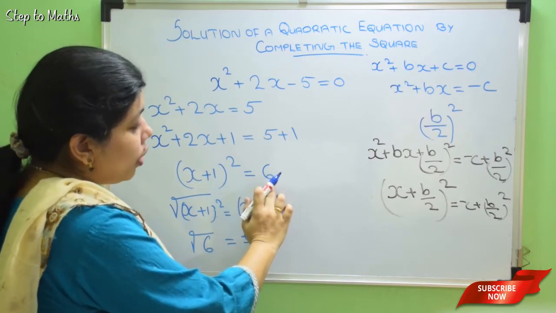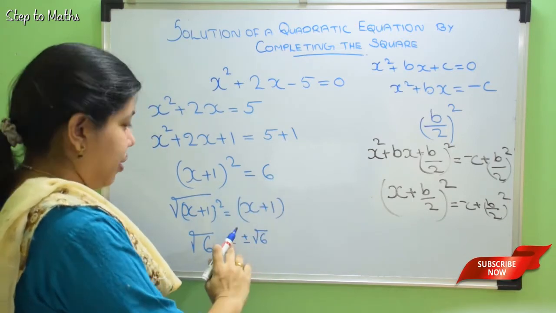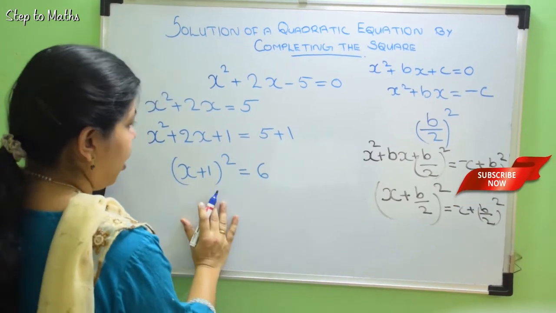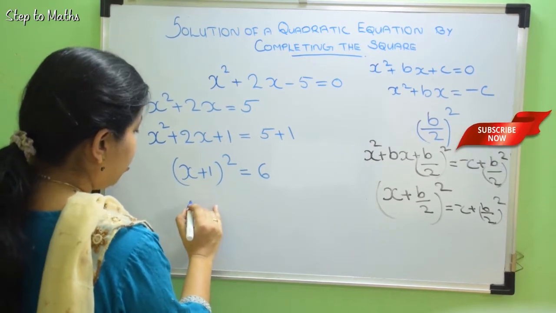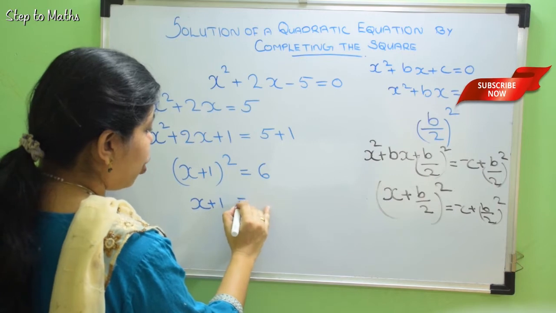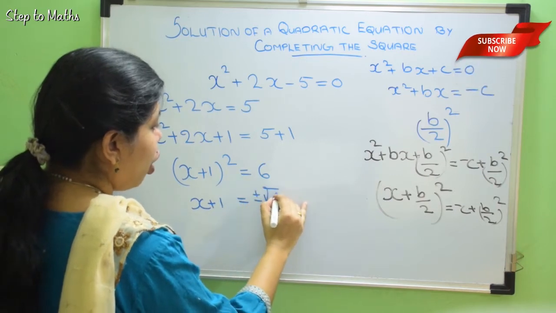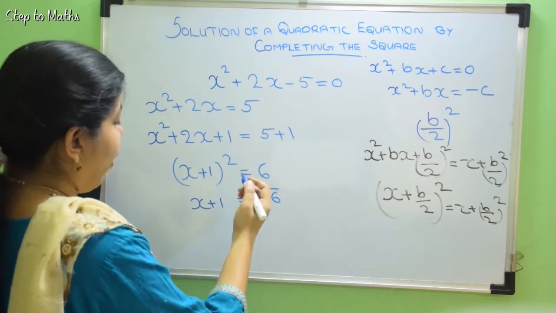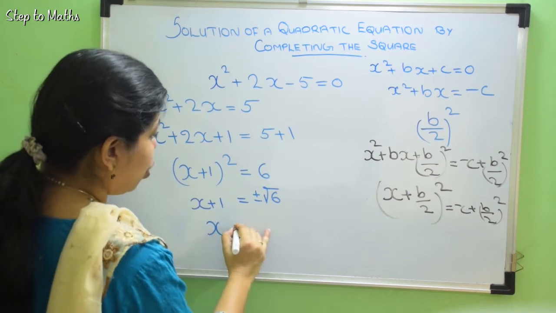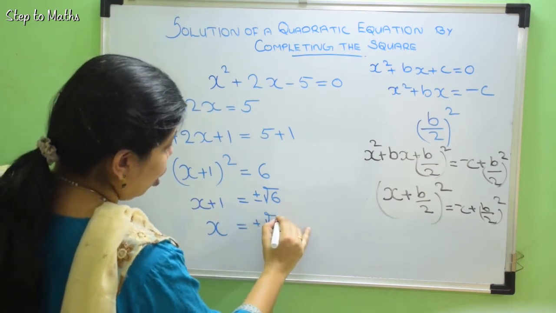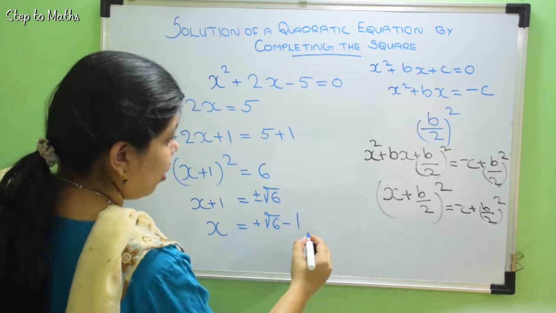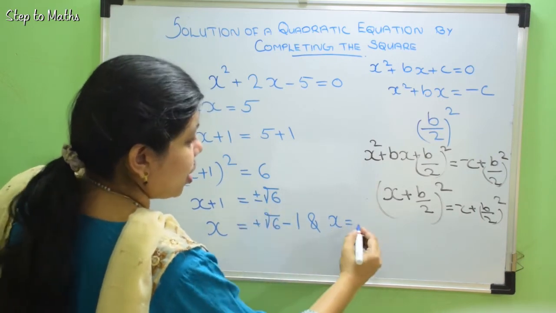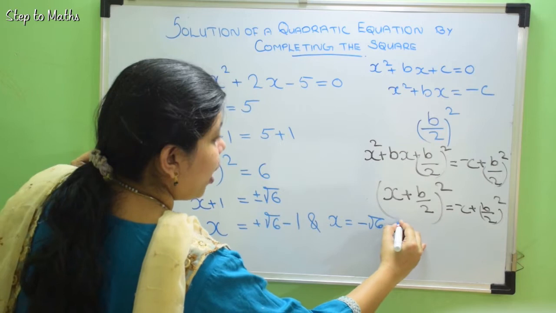So we can write, if we take the root, x plus 1 is equal to plus or minus root 6. Then the value of x is equal to plus root 6 minus 1, and x is equal to, taking minus, minus root 6 minus 1.